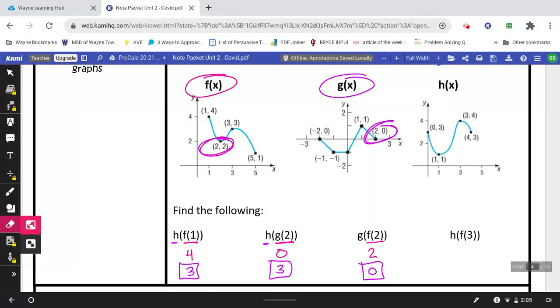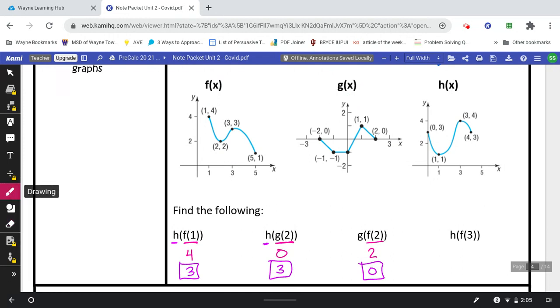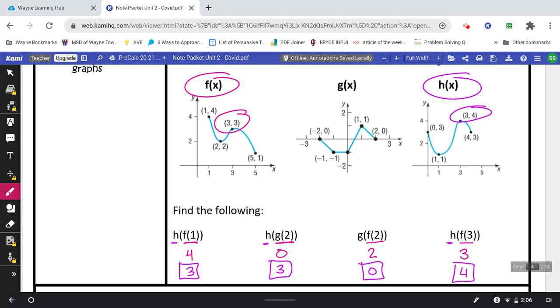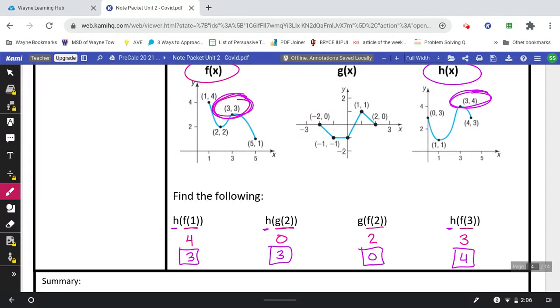Try the last one. All right, the final answer should give you a 4. So 3 linked to 3 right over here. And then I brought that 3 over, looked for where 3 is the x and what is the y value. That would be 4. All right, really nice job today. If you have questions, let me know.